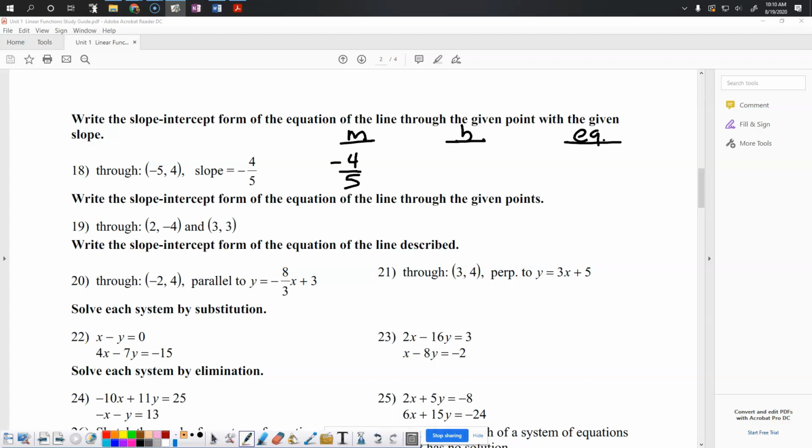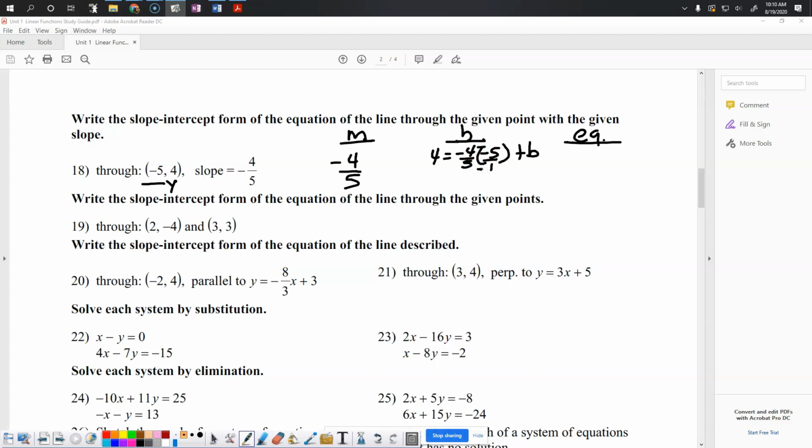Then, to find our b, we're going to do the same thing we did in the last problem. We're going to plug in a y value, which in this case is 4, and then our m value, and then our x value, which is negative 5, and our b is still unknown to us. Now, in this case, put that over 1 and multiply straight across, you get 20 over 5.